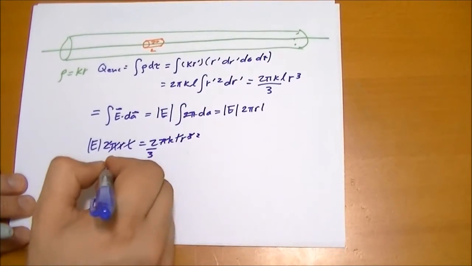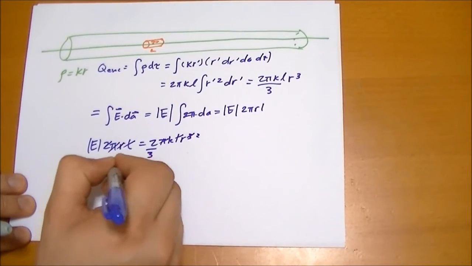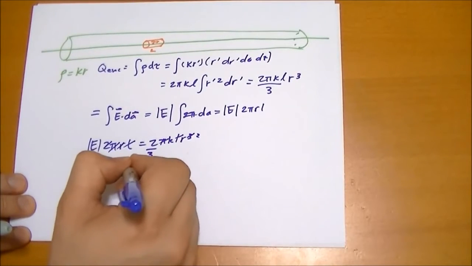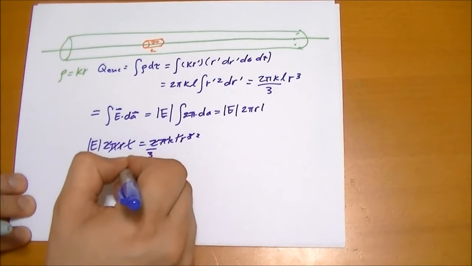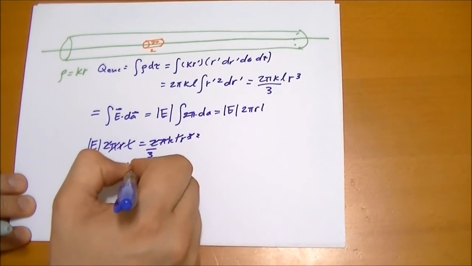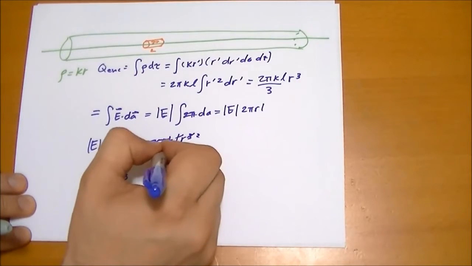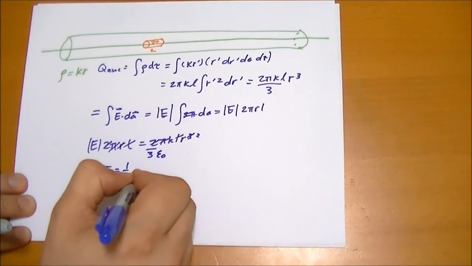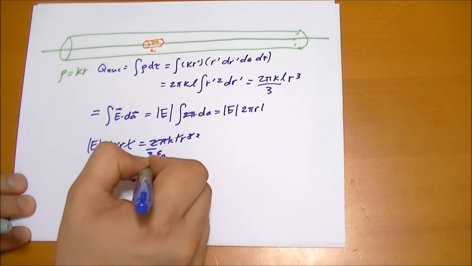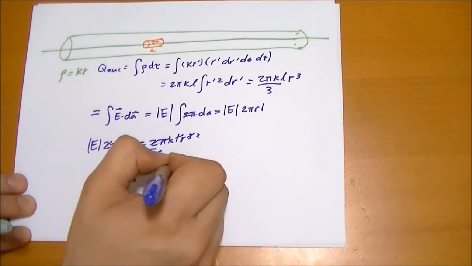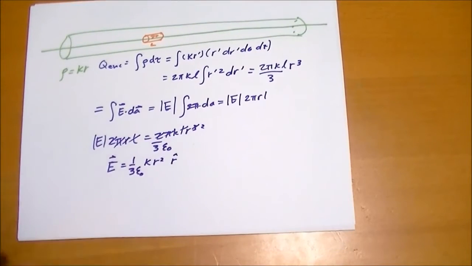So we get the magnitude of E is equal to, did I cancel the 2? 1/3 epsilon naught. Oh, we forgot epsilon naught at the bottom. Epsilon naught. And we have a k left over. And then we have r squared. And the direction this thing is pointing is in the r hat direction. There, we've solved it, the electric field, using very simple integrals and using Gauss's law.